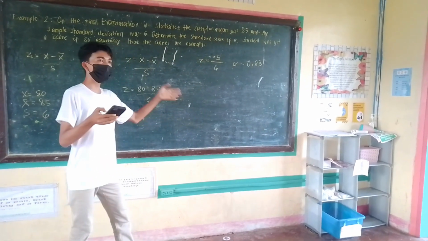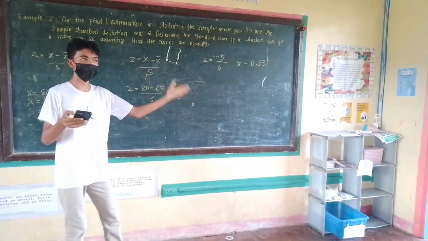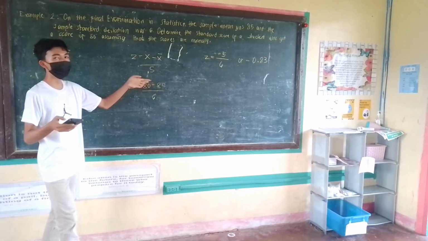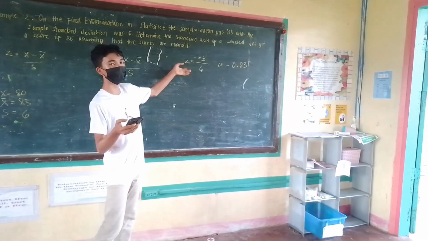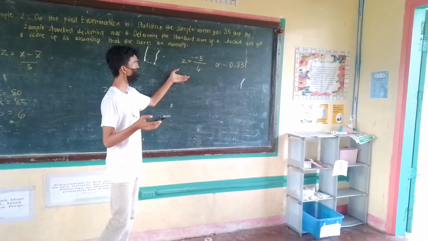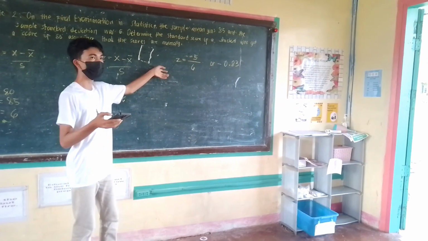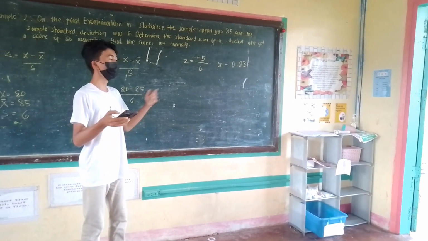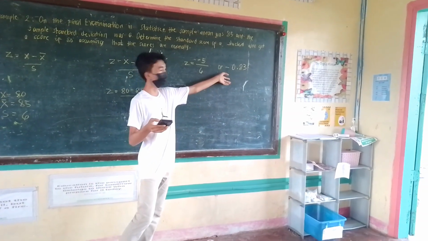Why negative 5? Because 85 is greater than 80, so we should use the negative sign. That's why it's negative 5 over 6. If we convert it into a decimal, the answer is negative 0.83.